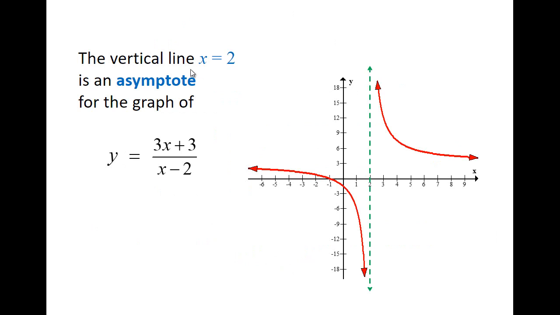Like I said, the vertical line x equals 2 is an asymptote for the graph of this function.